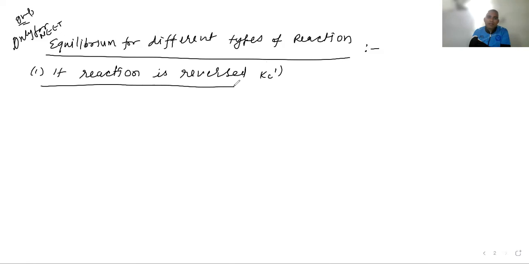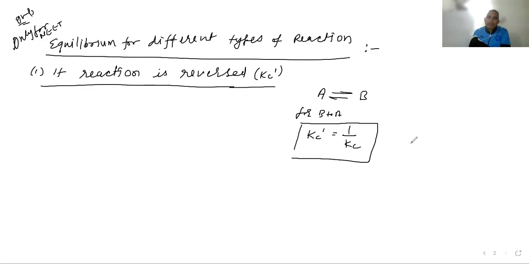Suppose A and B are there, and they ask for the reverse equilibrium, B to A. How do we calculate it for B to A? Kc dash is equal to 1 upon Kc, or Kp dash is equal to 1 upon Kp.